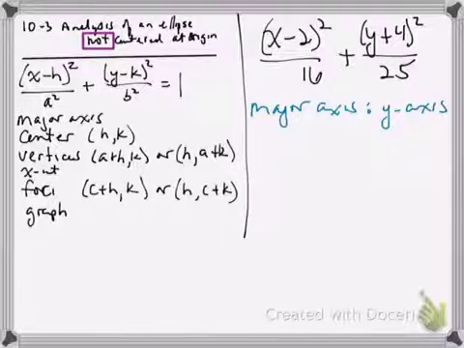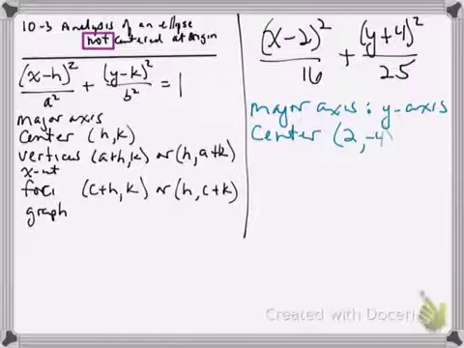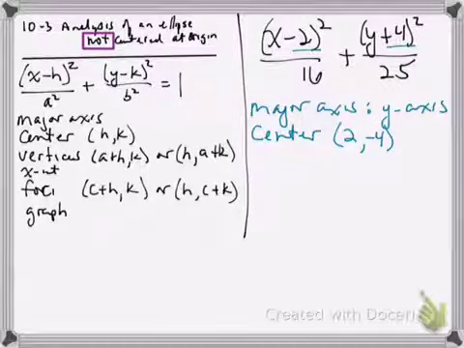And then the next thing is to find the center, and you've done this a bunch of times. So 2, negative 4, because we're subtracting 2 here and we're subtracting negative 4 here, so the center is (2, -4).